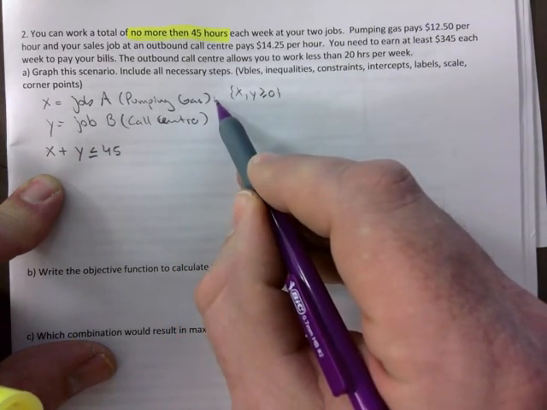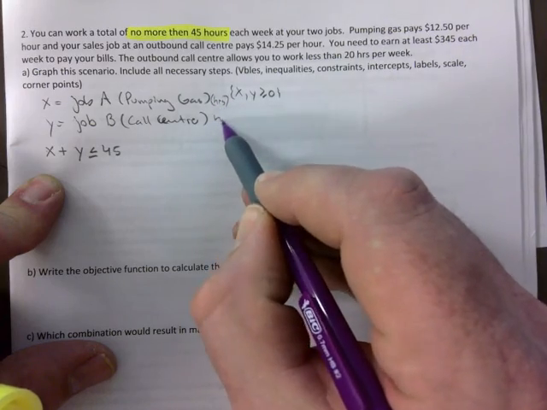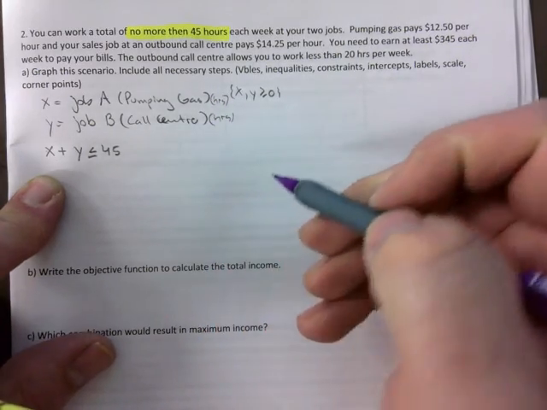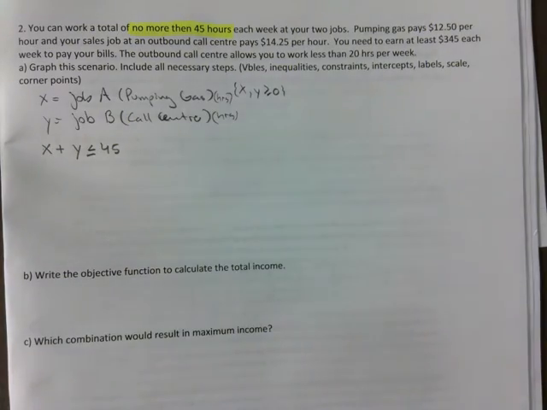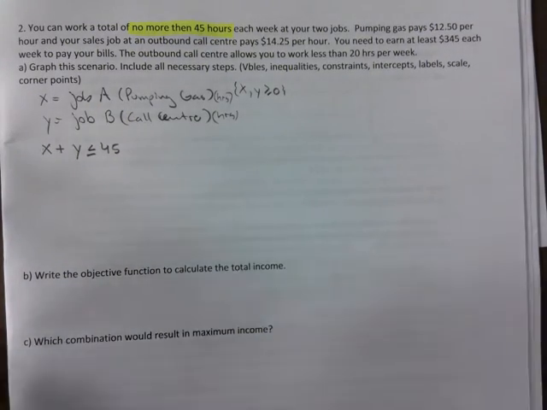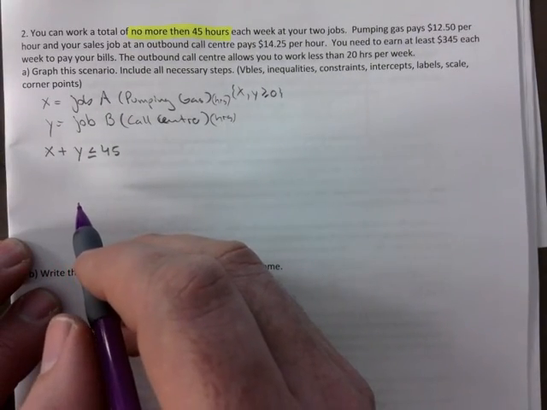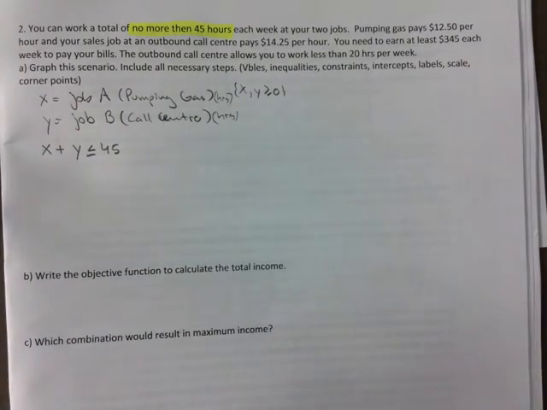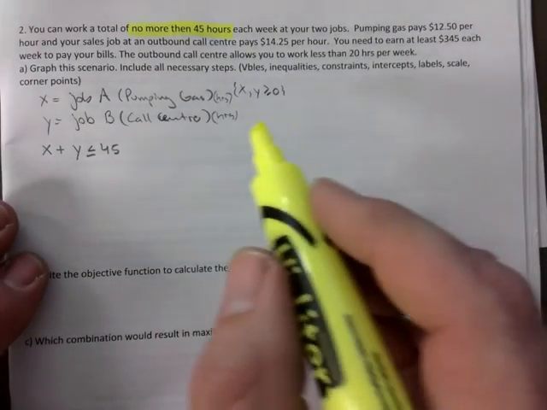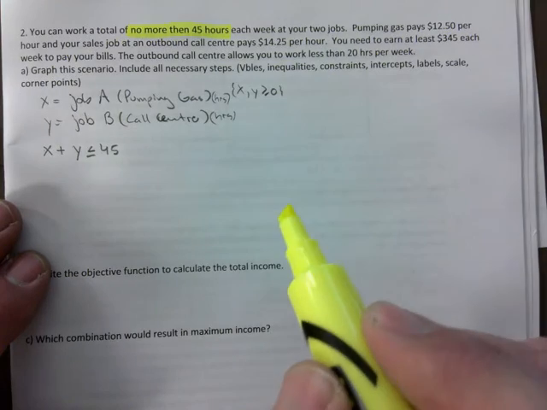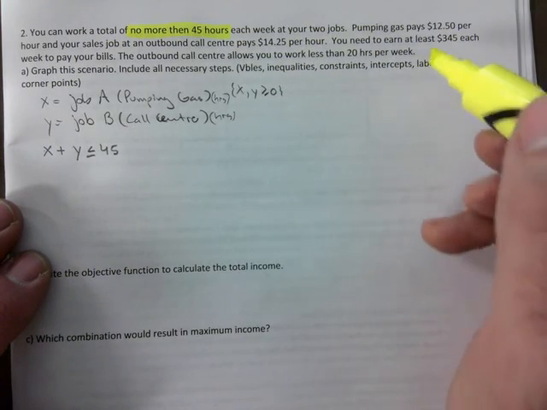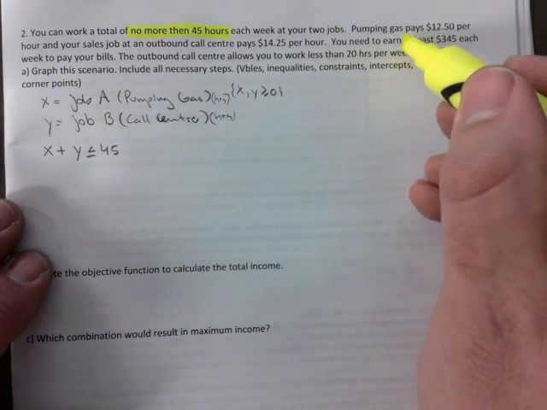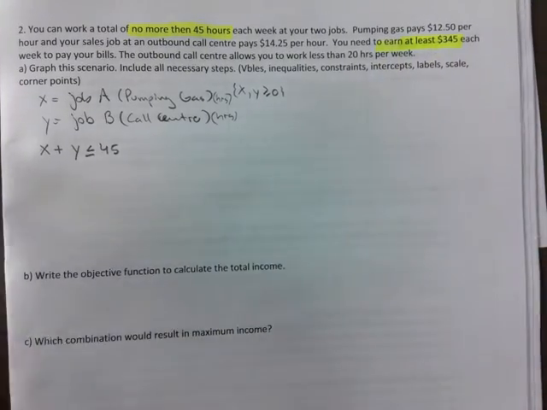Then I go up and say, you know what, this is going to be in hours, right? I'm confronted with that right away. It only makes sense to read it if you know that it's number of hours. And then you're getting paid $12.50 at the gas station and $14.25 at the call center. But you want to earn at least $345.